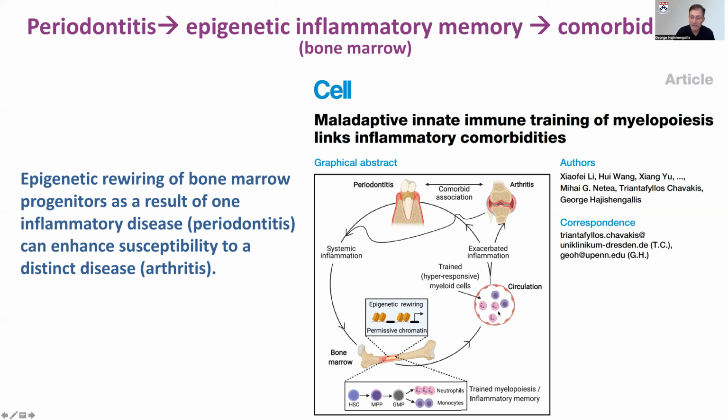These trained myeloid cells populate not only oral tissues where they exacerbate periodontal disease, but also extraoral tissues like the joints where they can exacerbate ongoing arthritis or contribute to the initiation of arthritis, of course, when other risk factors are present.